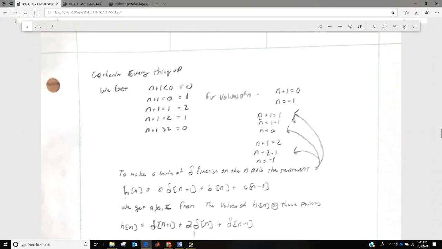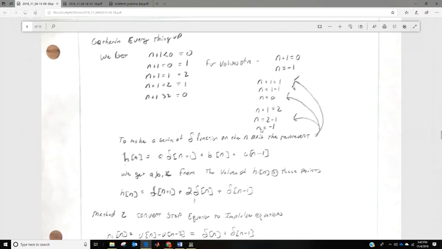So that happens when n equals -1, n equals 0, n equals 1. This should be 1 right here, not -1. I'm sorry. So that gives us our terms to go into the delta functions.